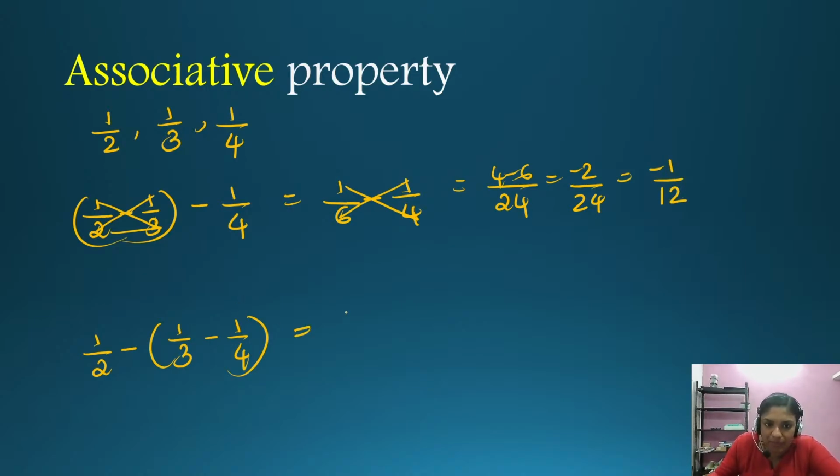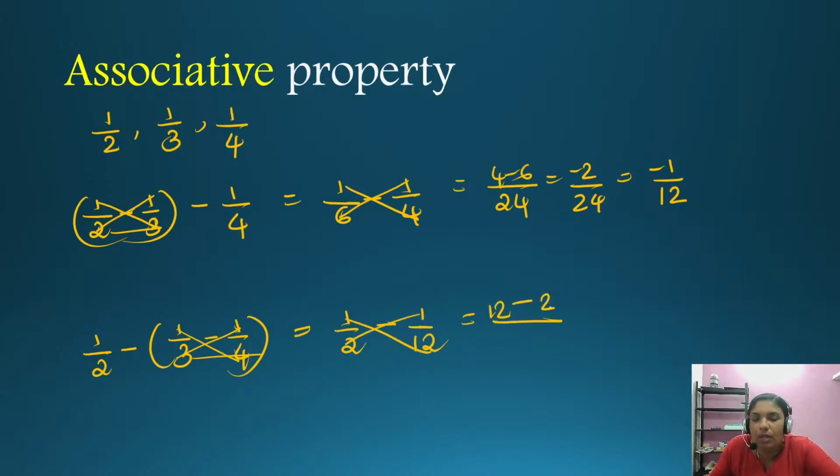Now here 1 by 2 minus, now 1 4 is 4 minus 1 3 is 3, that is 4 minus 3, 1. 1 by 3 fours are 12. Now 1 12 is 12 minus 1 2 is 2, by 12 minus 2 is 12 minus 2 by 2 into 12, 24.